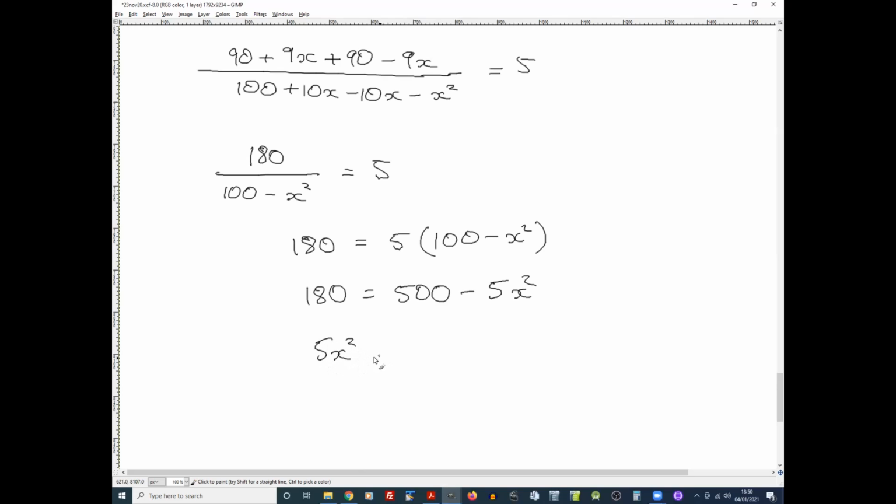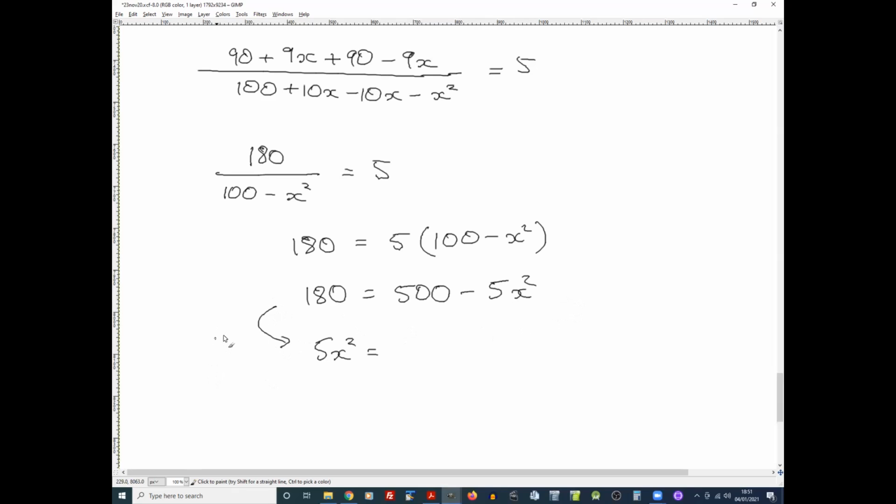Yeah. And now you could either think of that as adding 5x squared to each side and subtracting 180. Yes, you could think of it like that. Okay, so on the right-hand side equals 500 minus 180. Notice that when you're balancing in algebra, you generally don't leave little signals of what you're doing, like adding 5x squared, which you are encouraged to do at first.